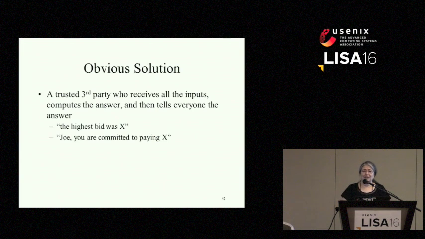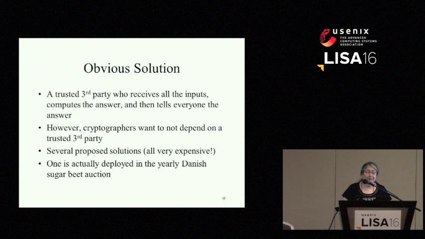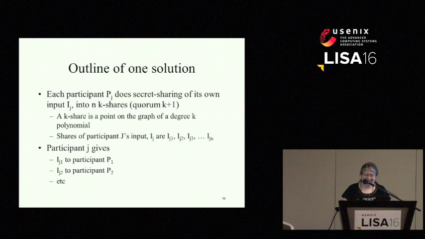The obvious solution is to have a trusted third party who receives all the inputs, computes the answer, and promises not to reveal any of the inputs. So, the highest bid was X, and Joe, you're committed to paying X. But cryptographers want to not depend on a trusted third party. There are several proposed solutions, all very expensive, and one is actually deployed in the yearly Danish sugar beet auction.